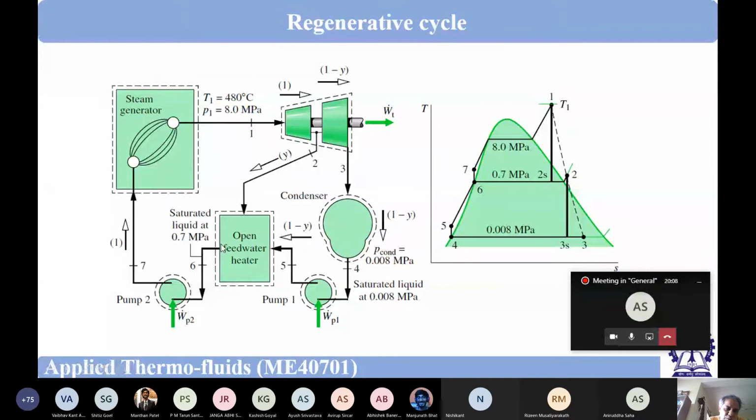So it will go out at the saturated condition of 0.7 megapascal. So this is our open feed water heater. For the open feed water heater, we can do some sort of mass balance and also some sort of energy balance. From there, we will know the magnitude of Y, or how much steam has to be extracted.